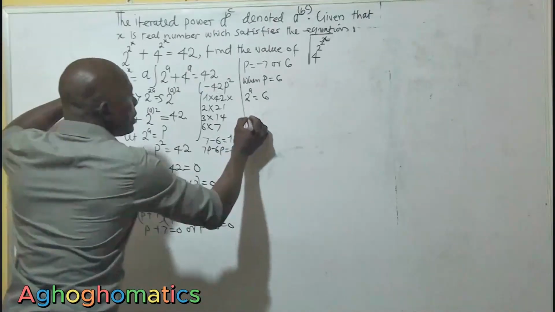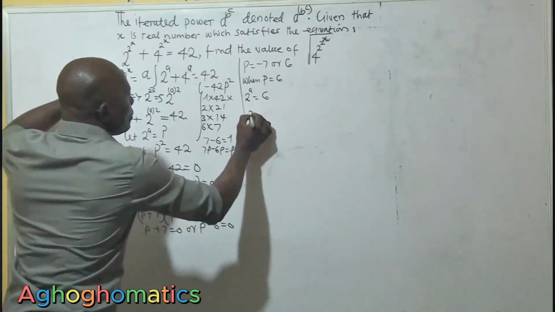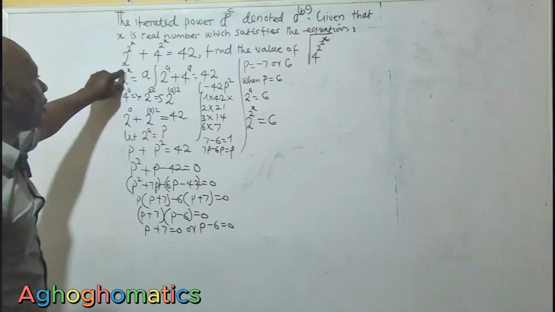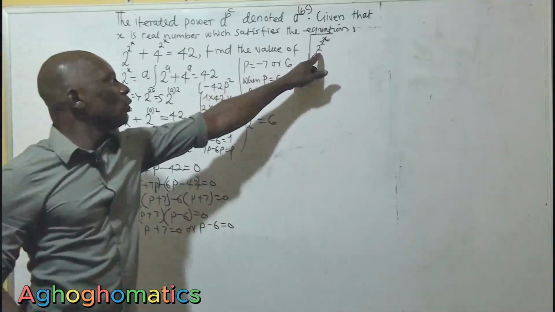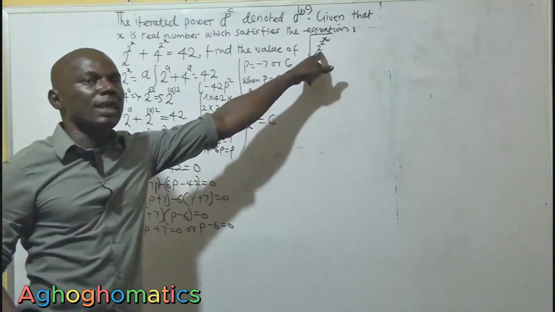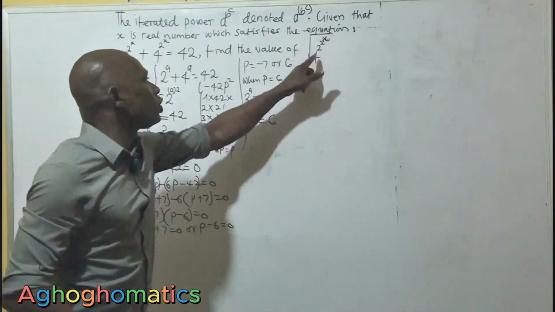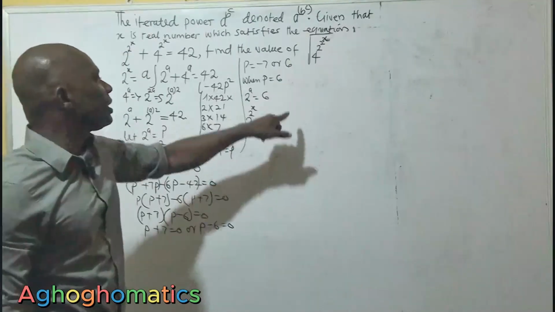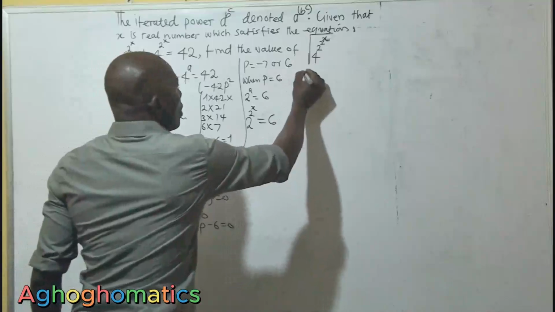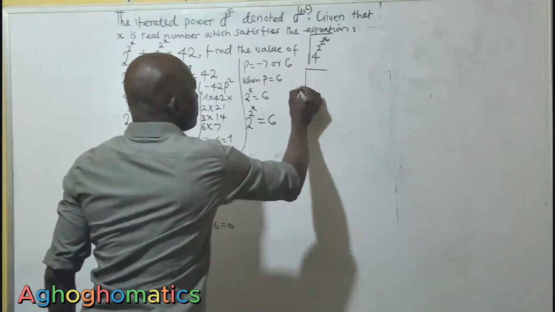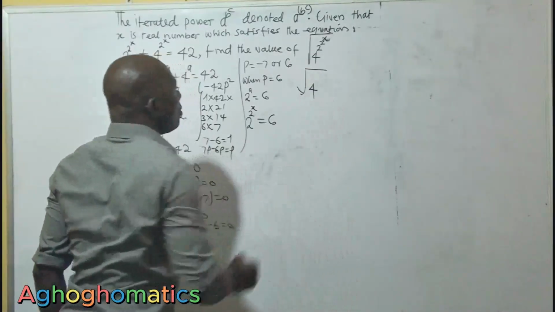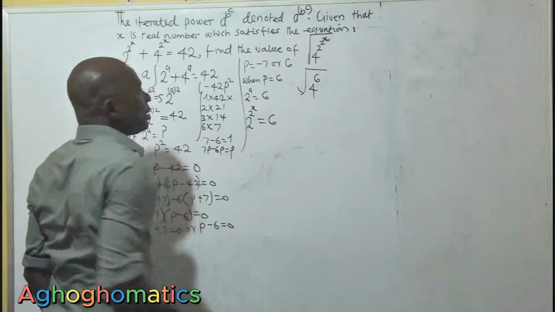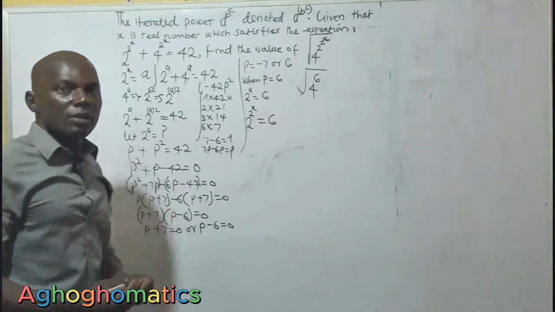So here we see 2 raised power x is equivalent to 6. Now, what we're asked to evaluate here is the square root of 4 raised power 2 raised power 2x. Now that 2 raised power 2x is exactly 6, in place of 2 raised power 2x, we will replace it with 6. This is when p is equivalent to 6.